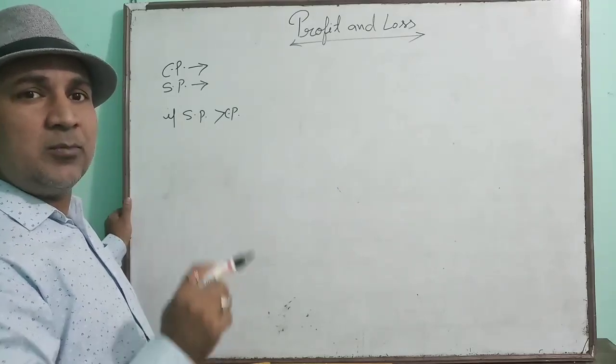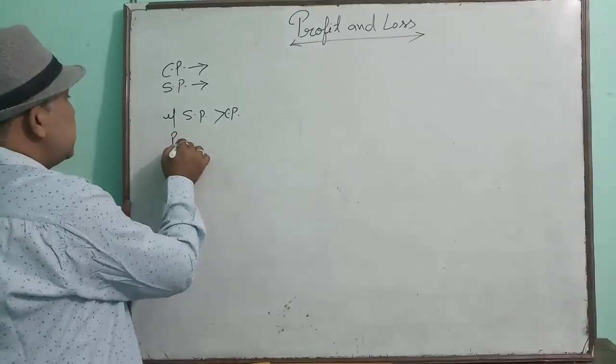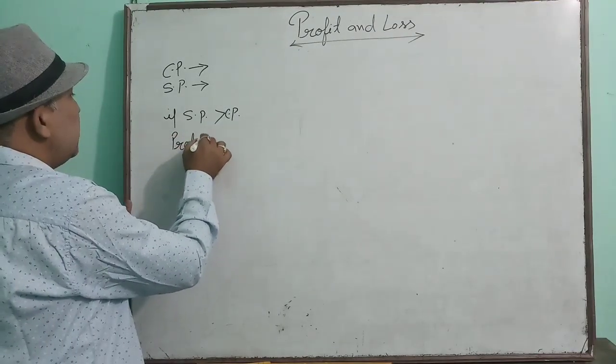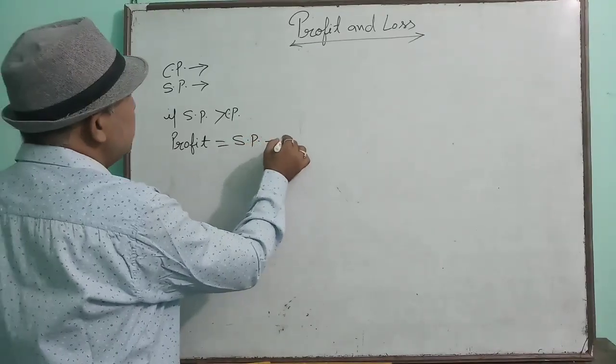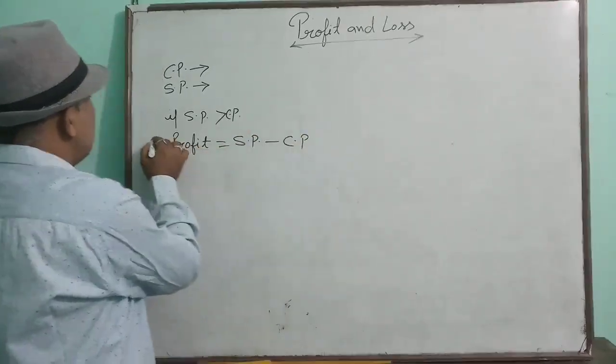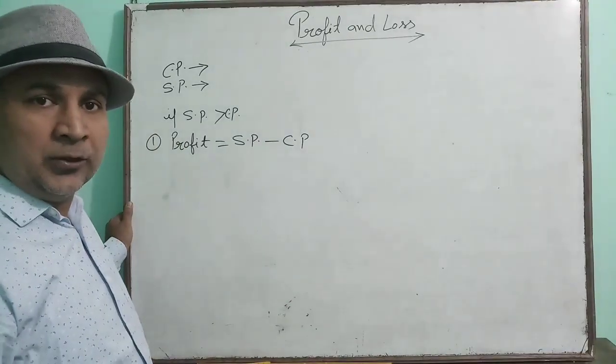That extra money will be called the profit. It means this is the formula for profit. Profit is equal to selling price minus cost price. So this is the first formula which you have to learn.